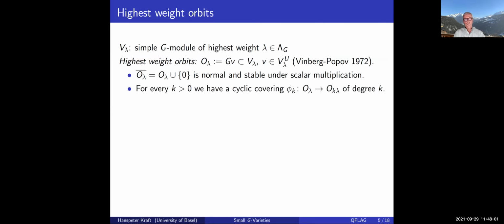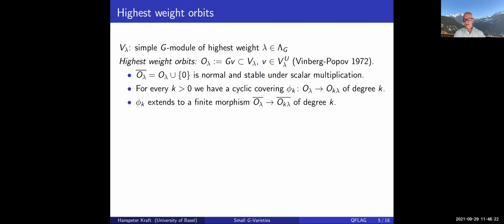Second thing, if you take any k, and you take the highest weight orbit corresponding to lambda, and that one corresponding to k lambda, there is a canonical cyclic covering of degree k, from O lambda to O k lambda.